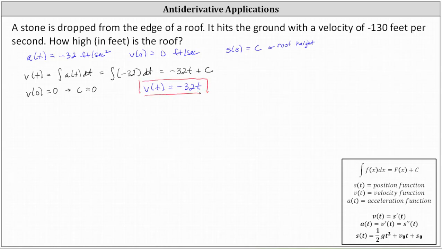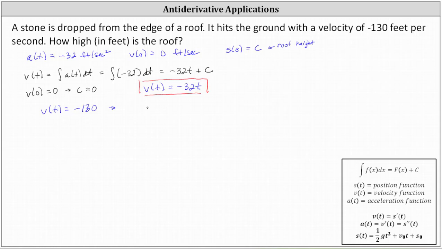For the next step, we'll determine the time at which the stone hits the ground, because we'll use that time to determine the constant c, which represents the height of the roof. We know when the stone hits the ground, the velocity is negative 130 feet per second. To find the time when the stone hits the ground, we need to solve the equation v of t equals negative 130.